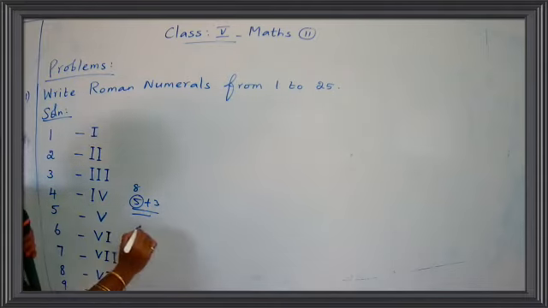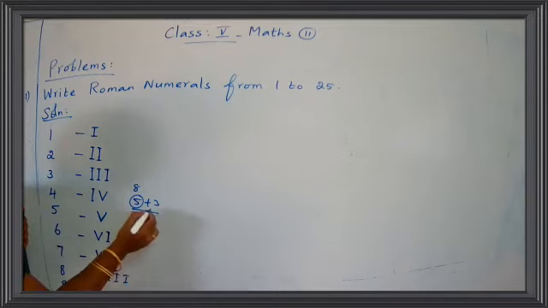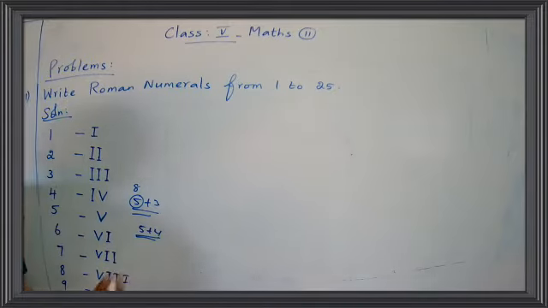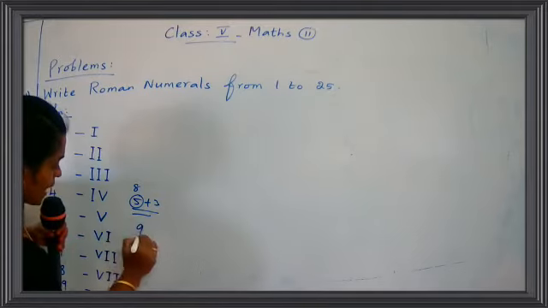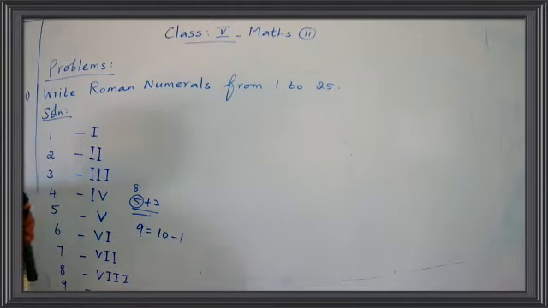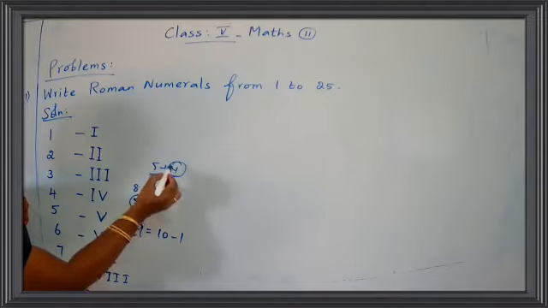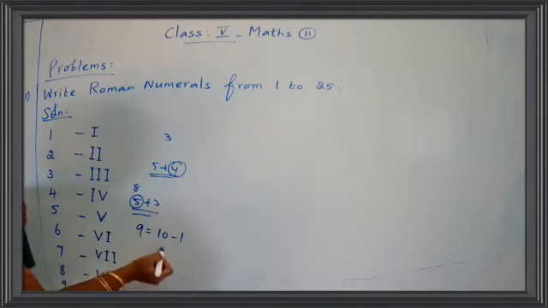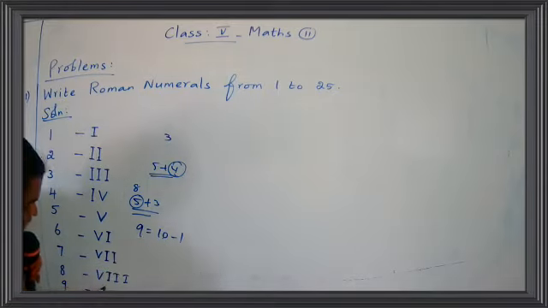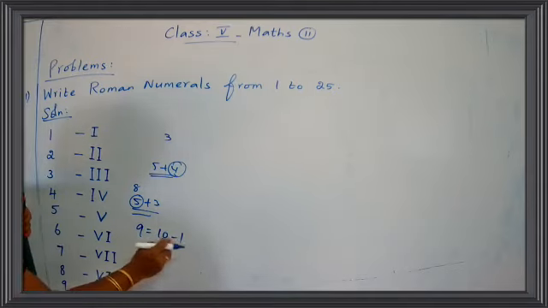9 can be written as 5 plus 4, but I can be repeated 3 times only. We can write 9 as 5 plus 4, but how many times can I come? Only 3 times, so we should not repeat it 4 times. So what should we do? 9 can be written as 10 minus 1. 10 stands for X and here it is subtracted.